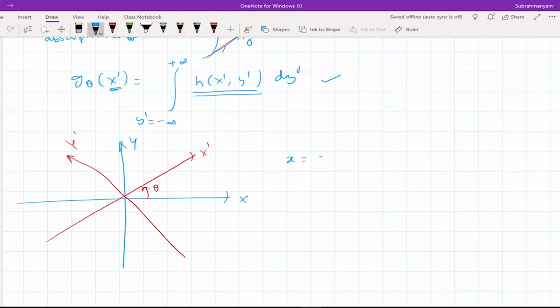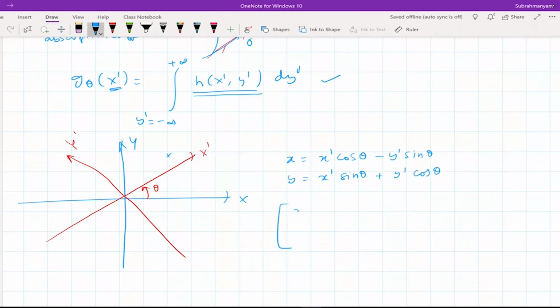For any point x comma y, x equals x dash cos theta, minus or plus? Minus y dash sin theta. And y equals x dash sin theta plus y dash cos theta. We derived this in the last class.